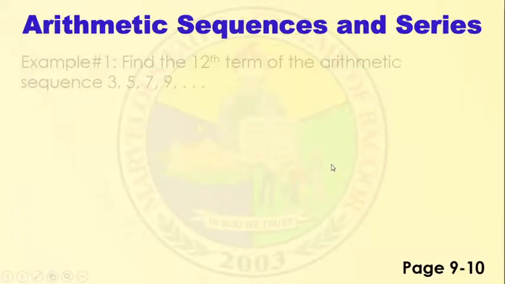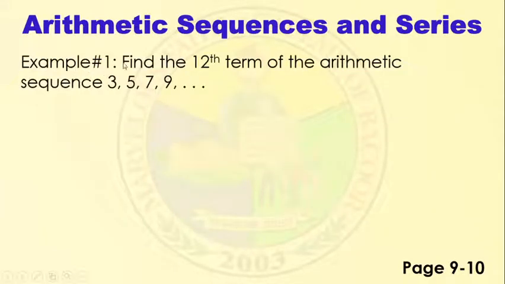Example number 1: find the 12th term of the arithmetic sequence 3, 5, 7, 9.